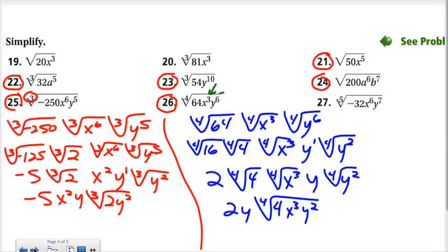However, that y to the 6th, that guaranteed that no matter what number they put in for y, it was going to come out positive. So if we go to our answer and we have any odd powers of y, we need absolute value bars. And there it is right there.